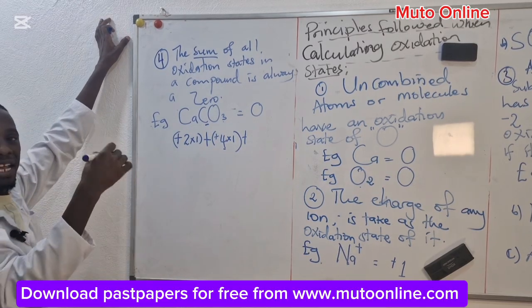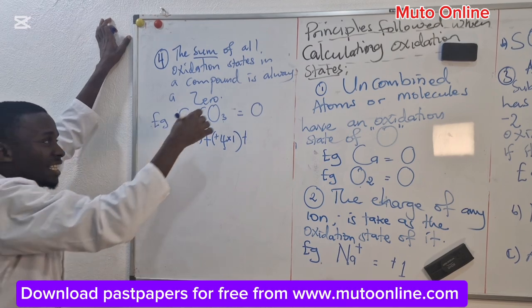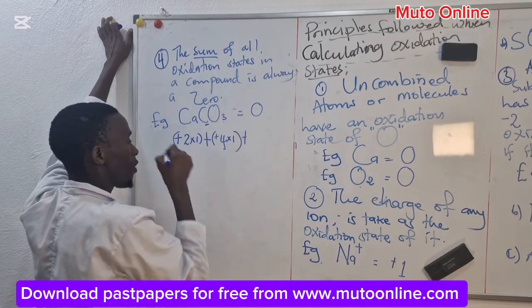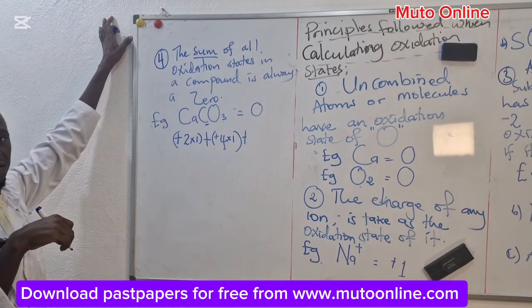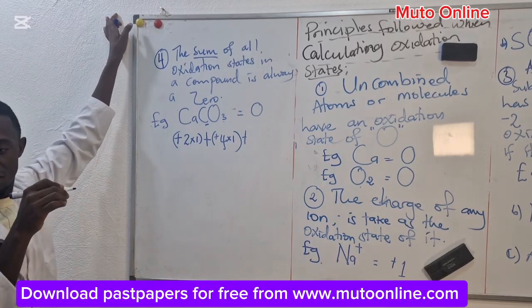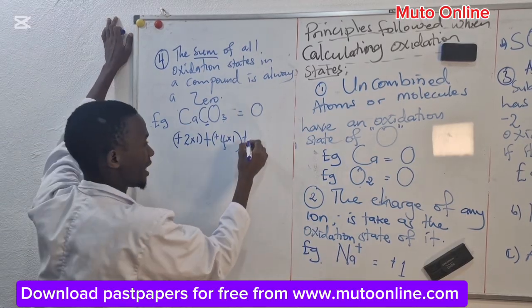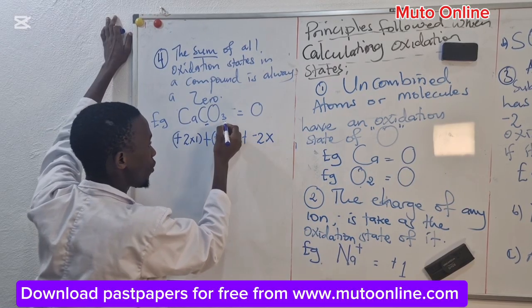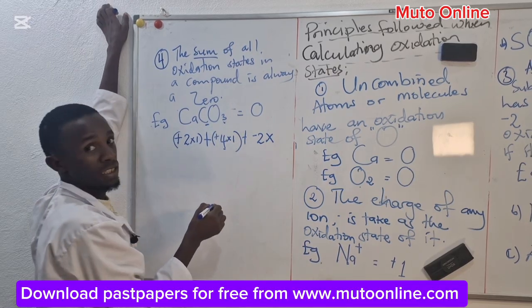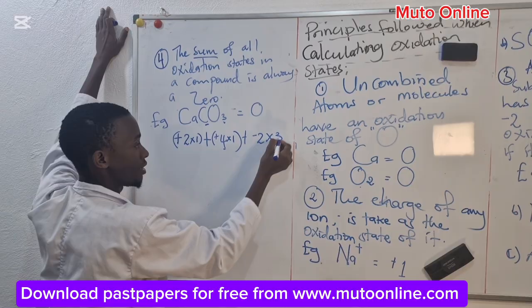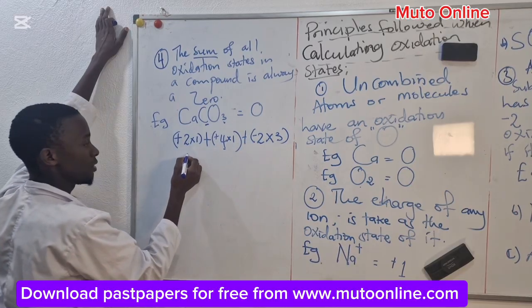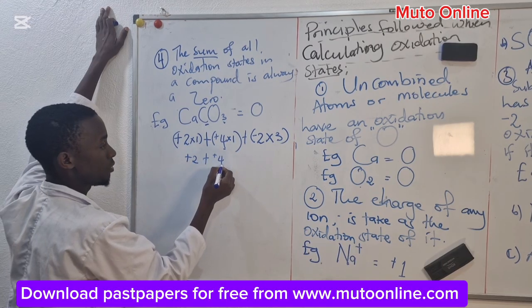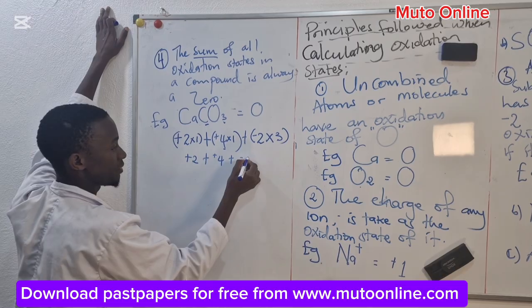You can look for many other examples. We shall find that the sum will be 0. We said oxygen in a combined state, not as a peroxide, has an oxidation state of -2 times the number of atoms of oxygen in the compound, which is 3. So we shall have a +2 plus a +4 plus a -6.